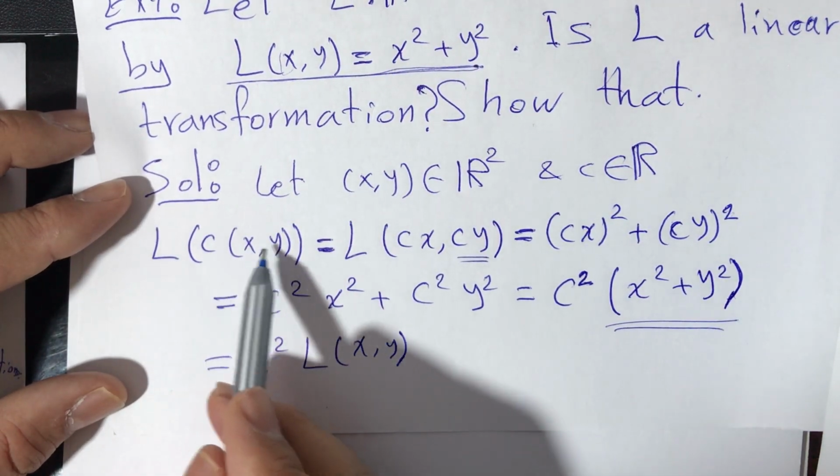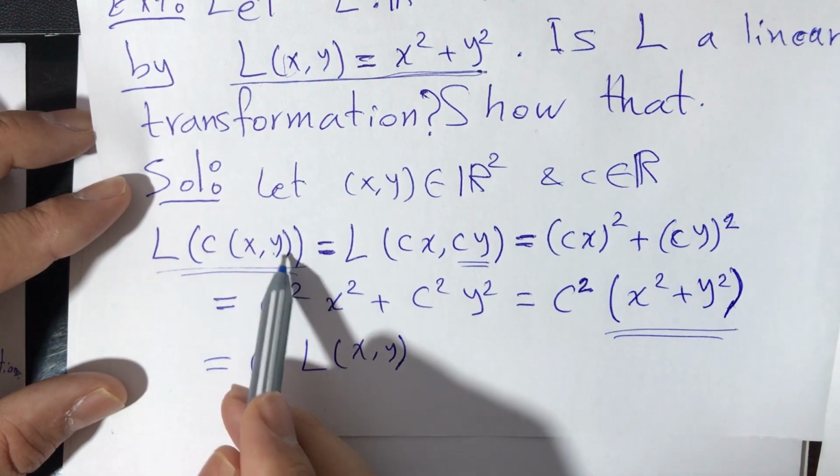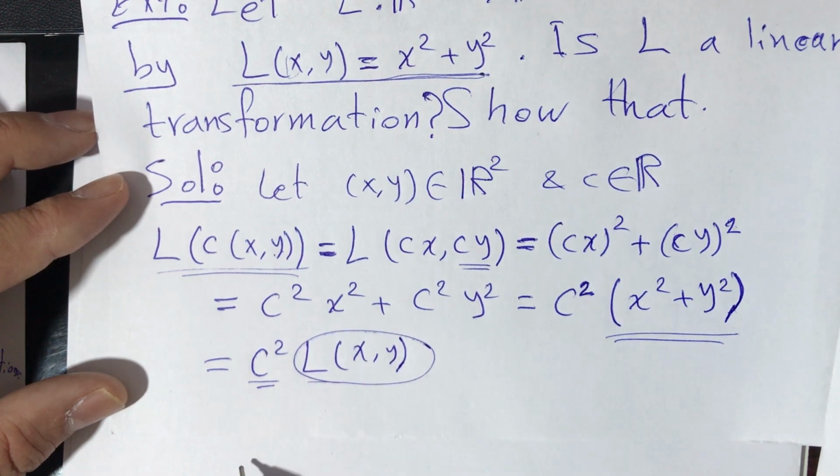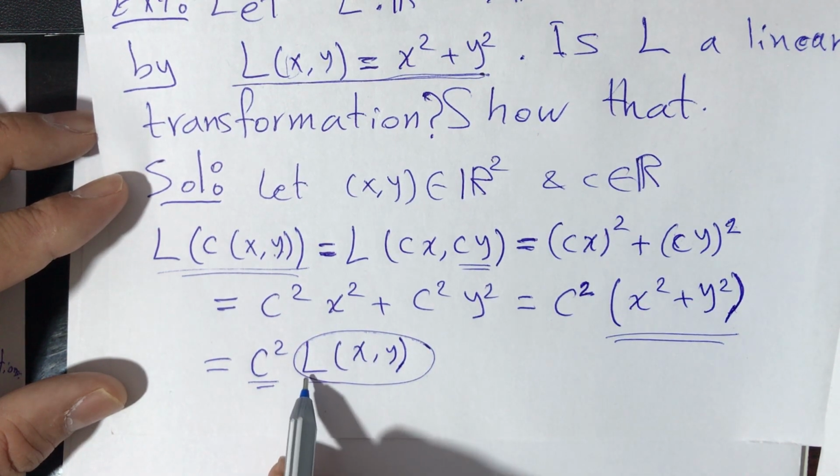So L of c(x, y) is equal to c squared L of (x, y). This is not c.